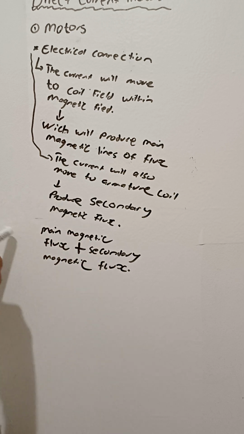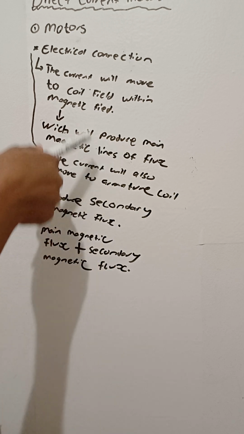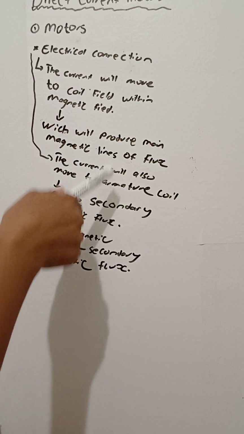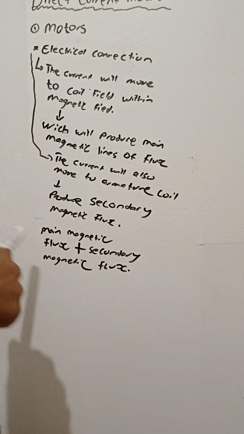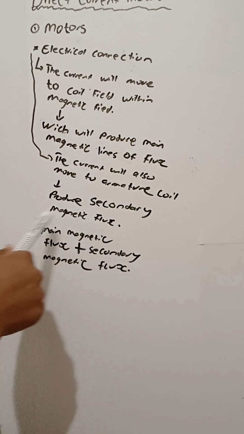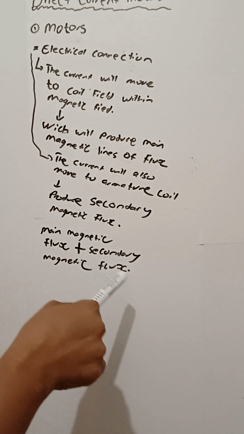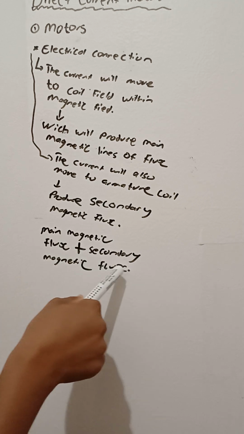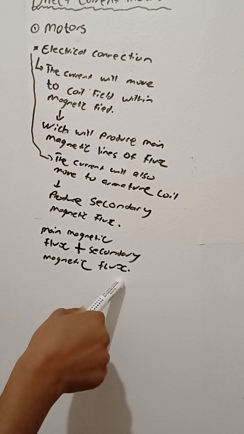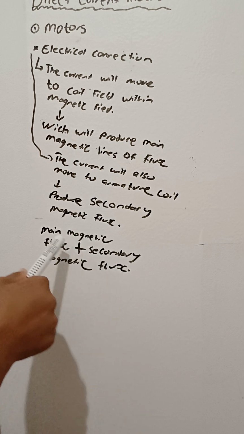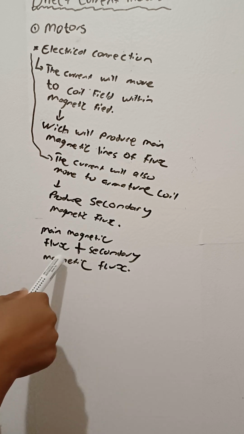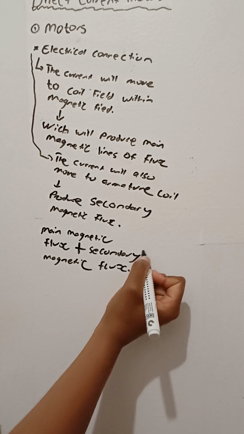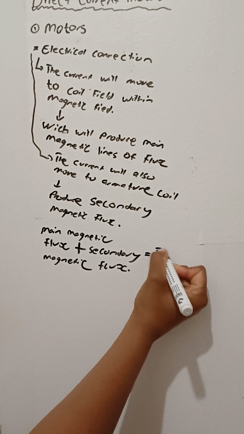They will interact with each other. So the main magnetic flux and the secondary magnetic flux will interact with each other. Hence, I say the main magnetic flux plus secondary magnetic flux, to show that both of these will interact.